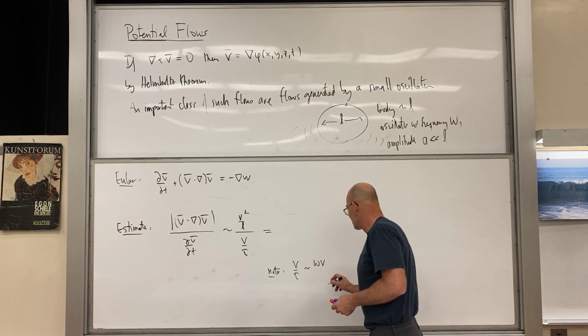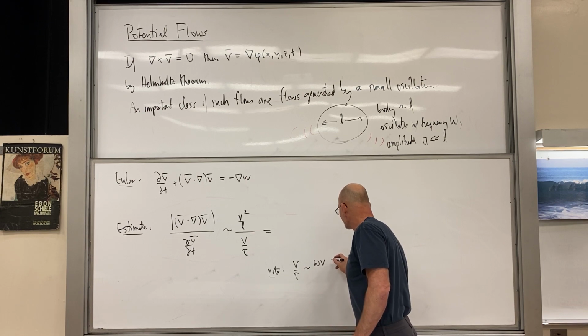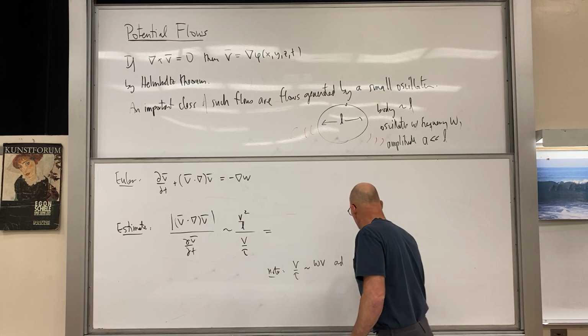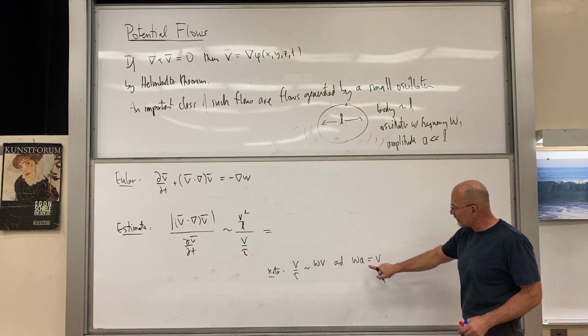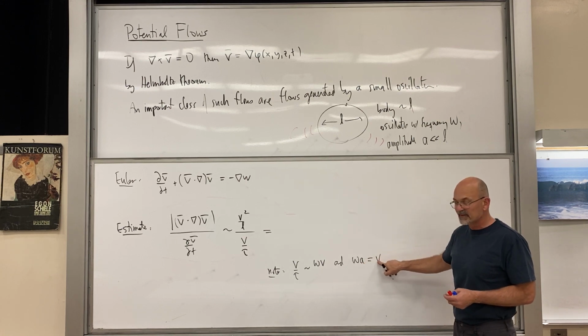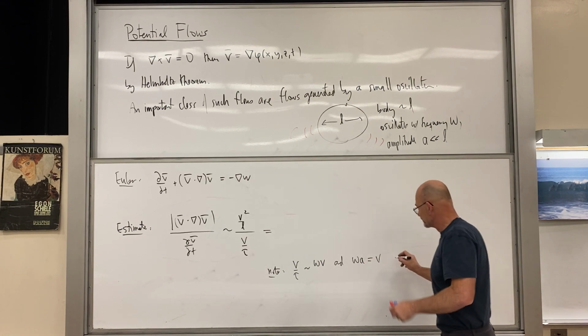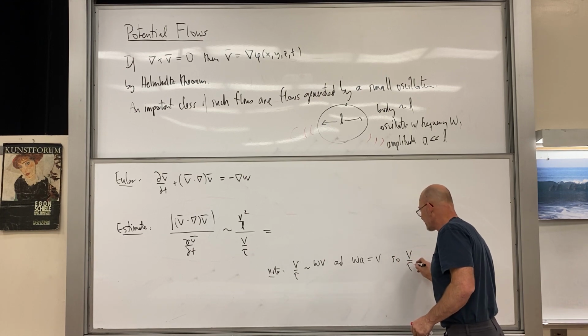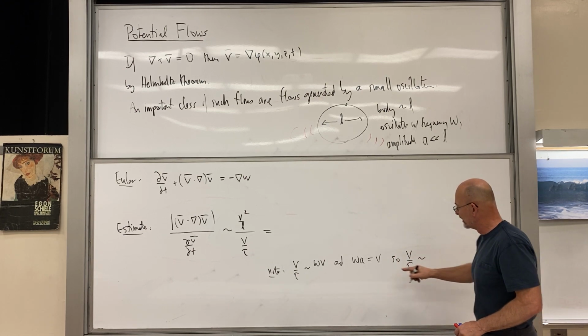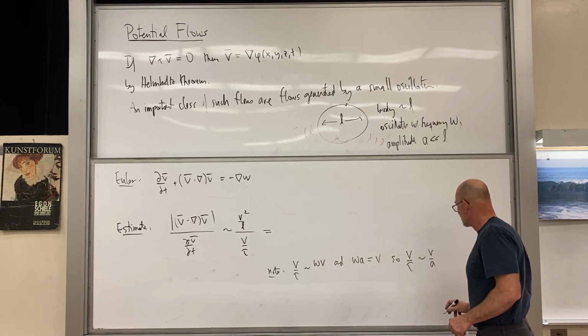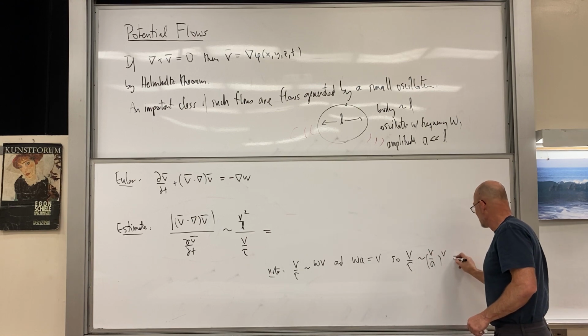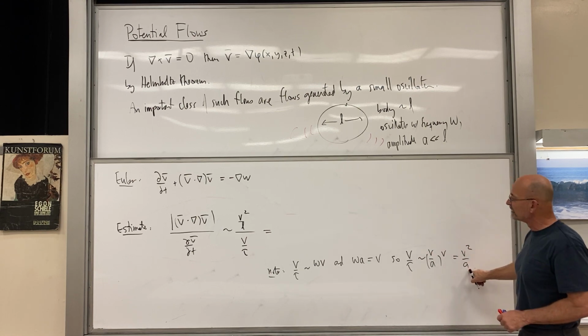Omega times A is equal to v, because A is a length, and omega times a length is the speed. So v over tau goes as omega, which is v over A, times v, which is v squared over A, and remember A is amplitude.